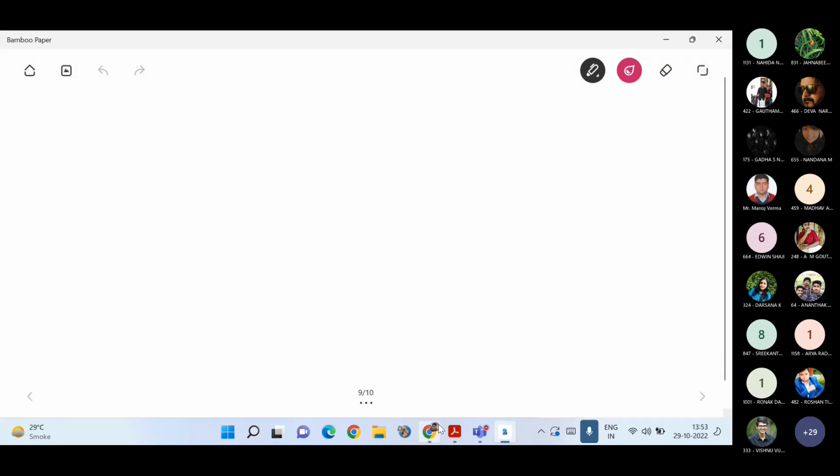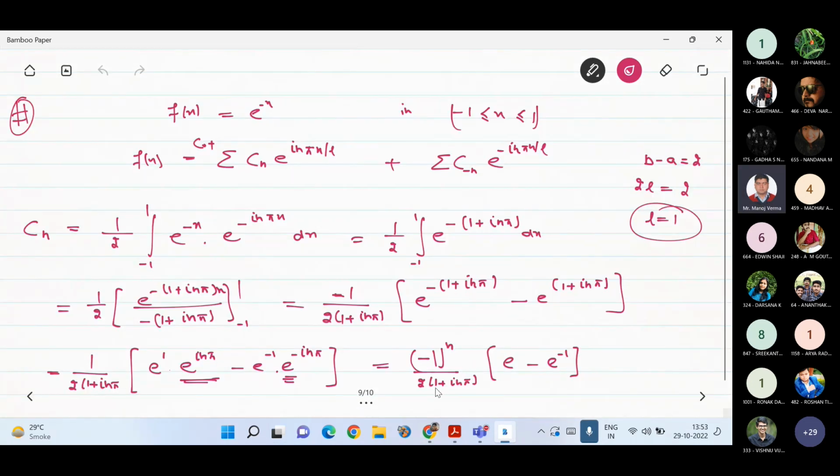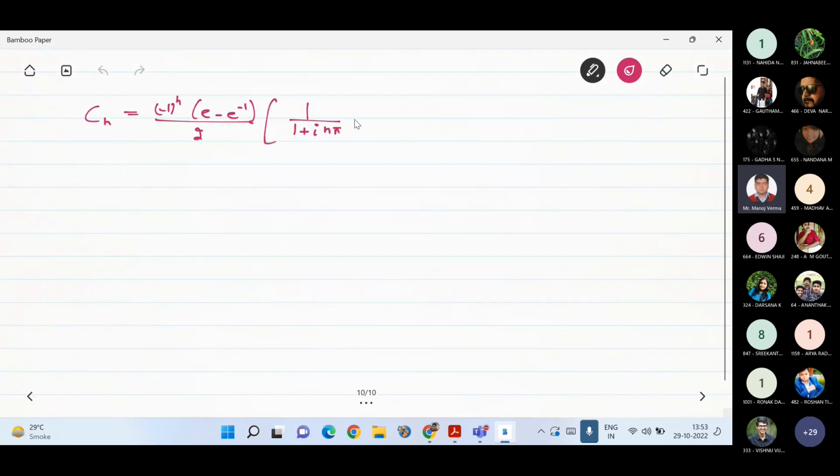This whole term I am writing, and this 1 plus iota n pi I am taking inside the bracket, and I will rationalize this: 1 minus iota n pi divided by 1 minus iota n pi.